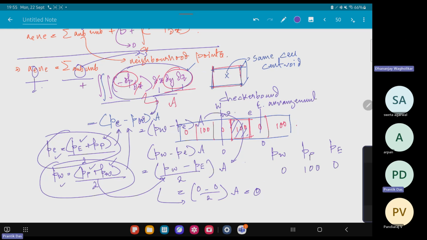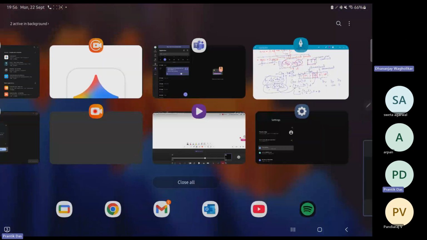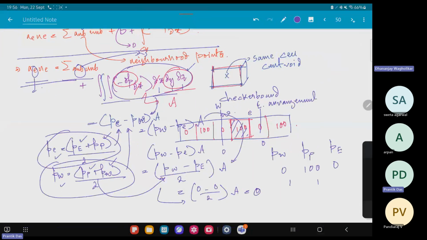So this equation is not taking into account the local pressure gradient. It is only taking into account P_W minus P_E divided by 2, which comes to be 0. So if I use a central difference formula for a collocated grid arrangement, I am not going to get a pressure sensitive equation.